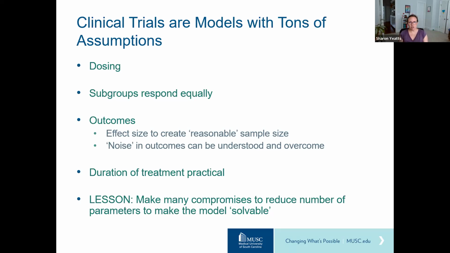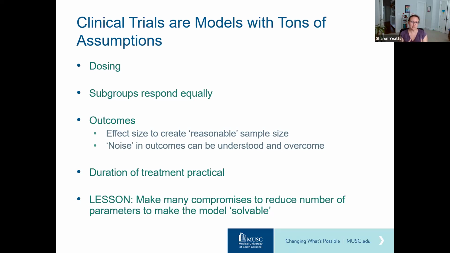We assume that the duration of treatment is practical given our infrastructure, right? So a duration of treatment in an ICU may be practical in one country, but not in another, depending on what the treatment practices are.